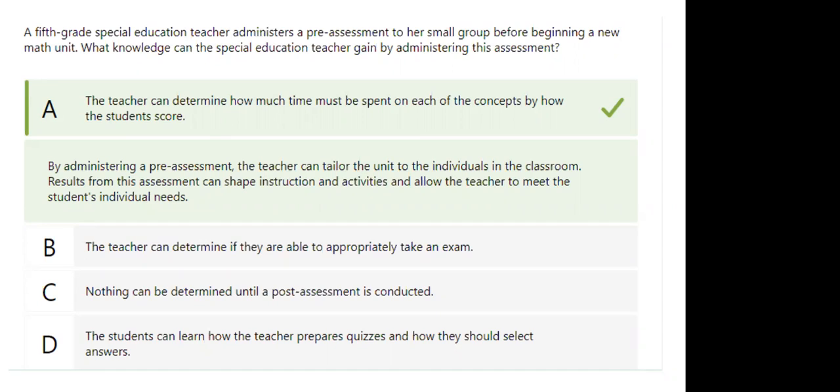The results from this assessment can shape the instruction and all the activities and allow the teacher to meet that student's individual needs. That's the key. Pre-assessments are an amazing thing to do in your classroom on a regular basis. And then, of course, follow up with a post-assessment after the instruction.